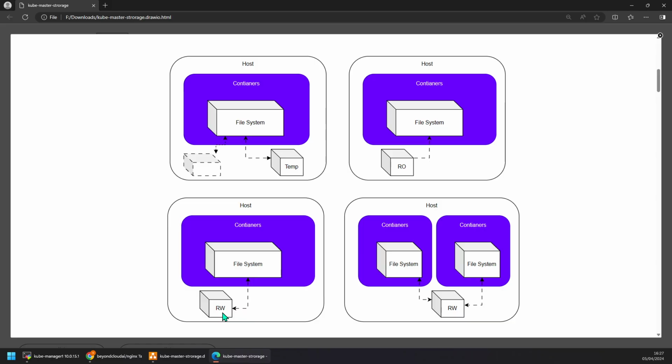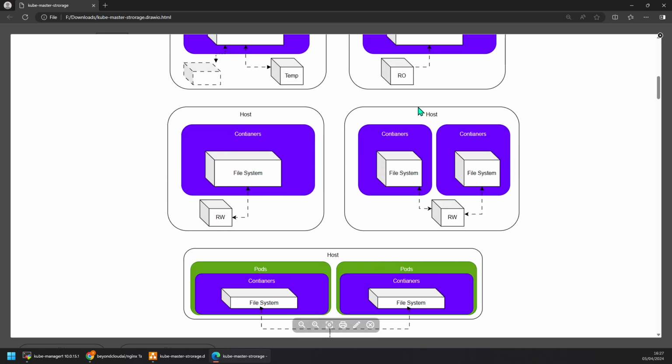The next architecture talks about two containers sharing a similar file system in read-write, wherein both of them are reading and writing data. You can see that read-write means you have two arrows over here, which means both are reading and writing data. And here it is a shared partition, which is shared by these two containers under one single pod.